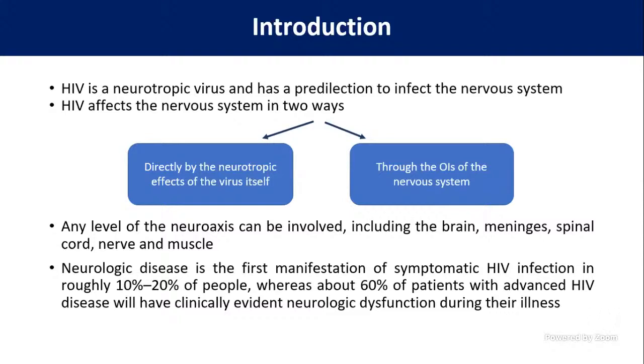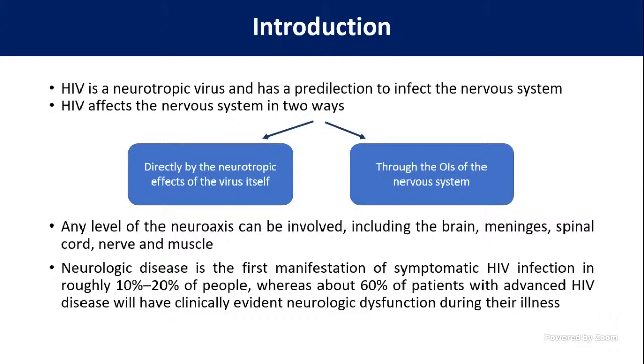HIV can affect the nervous system in two ways: either directly, by causing neurotropic effects, meaning whatever disease manifestations it produces are directly because of the viral pathogenic effects itself, or through its action on CD4 cells, causing a low CD4 count, like Dr. Amit was talking about. It can predispose to numerous types of opportunistic infections which involve the nervous system. So you can either directly involve the nervous system per se or through the opportunistic infections.